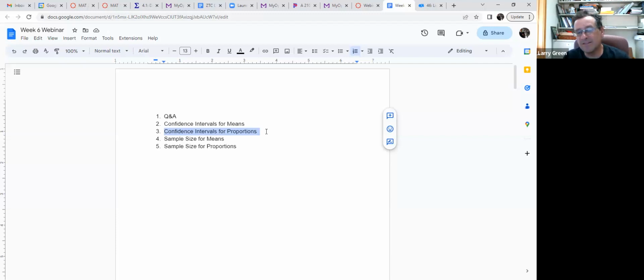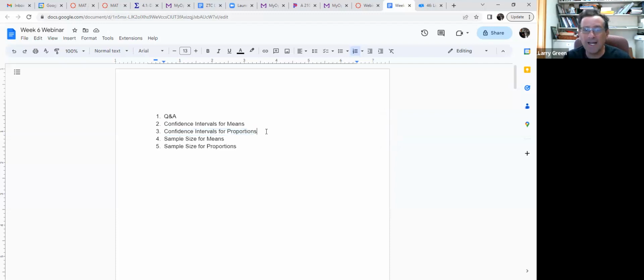But you can do a survey and say, this is my best guess, but I might be off by a little bit. How much off do you think you might be, at most? That's called a confidence interval, and in this case, it would be for a percent or a proportion.